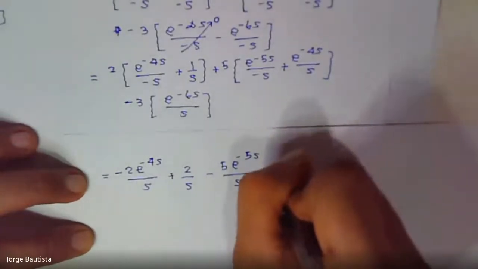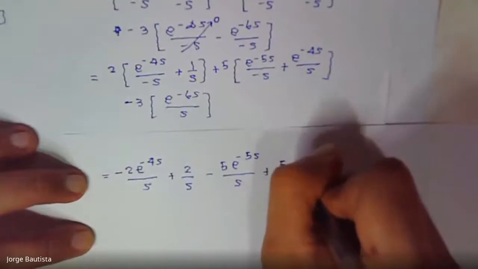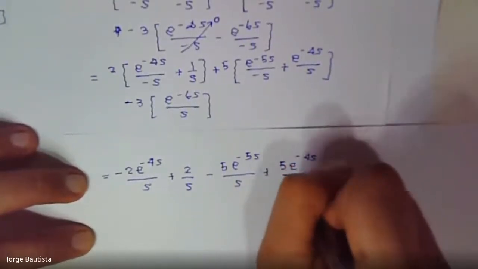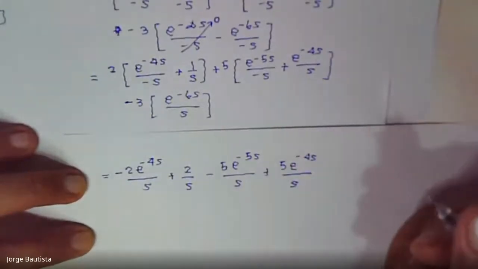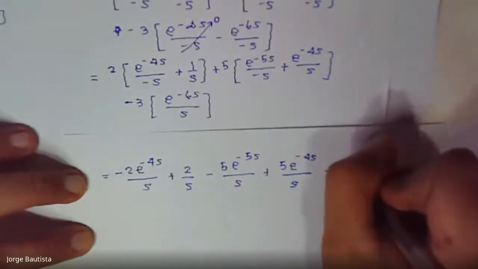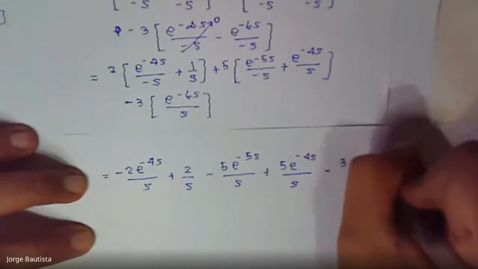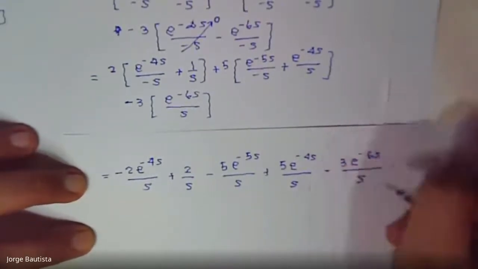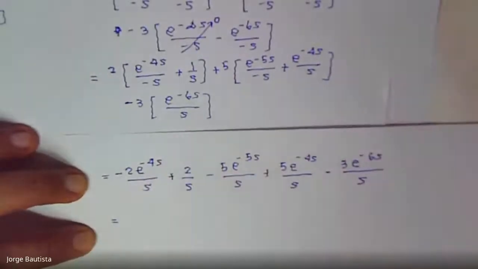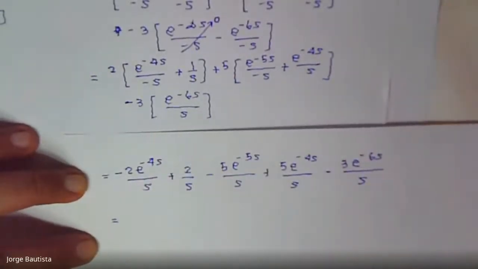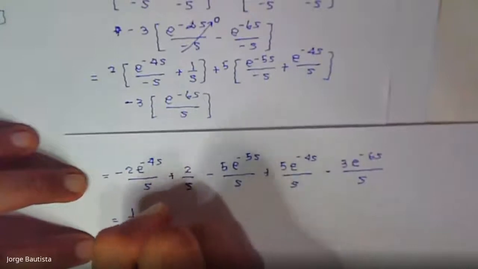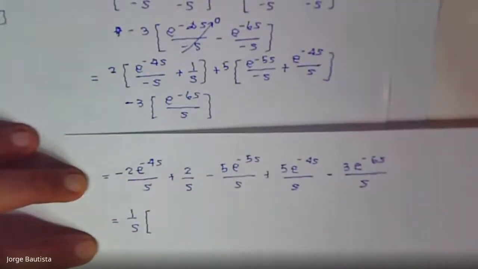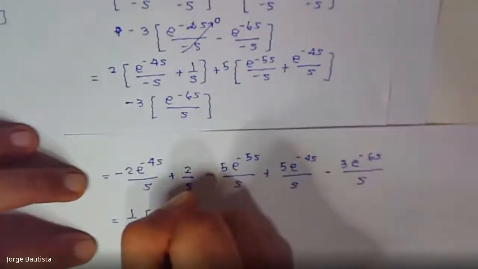Then plus 5 e raised to negative 4s all over s. Okay? Then minus 3 e raised to negative 6s all over s. Okay? So, pwede nating i-factor out yung s. So, 1 over s. Okay? O, anong maiiwan? Okay? So, you have 2.